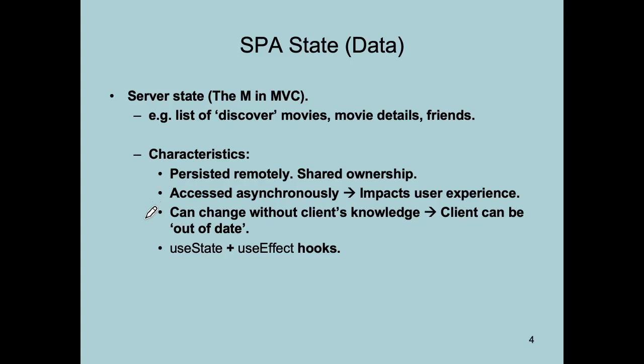One user might make a change to a particular movie's details and persist it back on the server side. But unless another instance of our client has explicitly refreshed their page, if they happen to be looking at the same movie, then they won't be aware that a change has been made to the movie data.